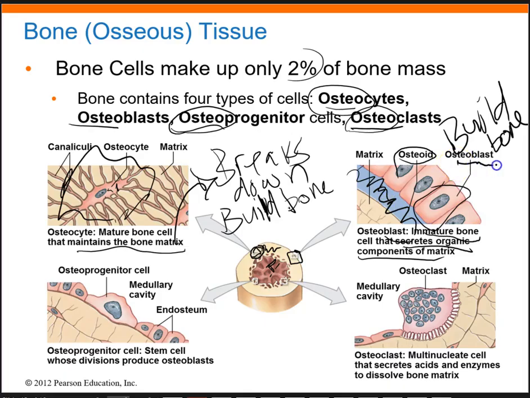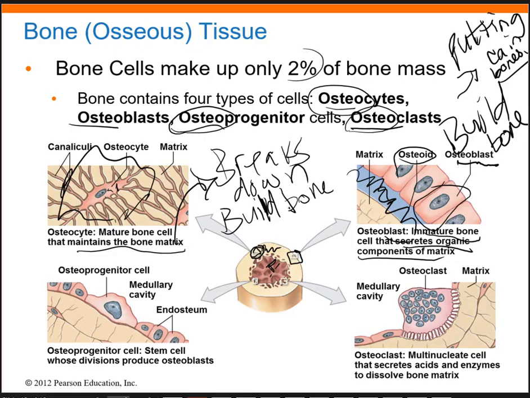When osteoblasts build bone like this, they end up storing calcium in bones. Remember, the bones are where we store calcium, so we've got to be able to pack it into the bones and take it out. The blasts are the ones that pack it into the bone.